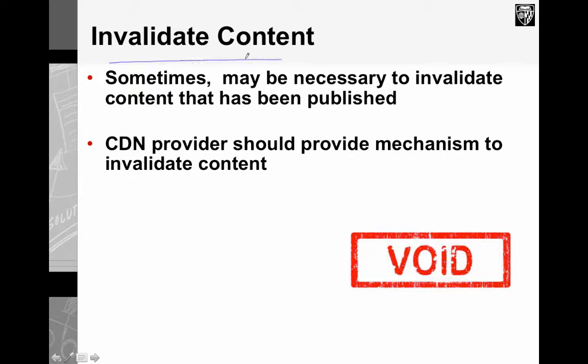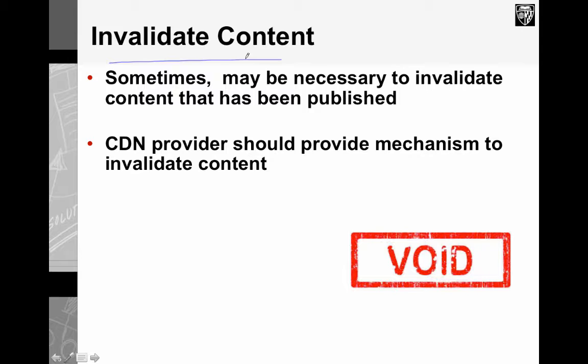Invalidate the content. Sometimes it may be necessary to invalidate the content. So you put content on your origin server, the client asks for the content, and the client goes to the edge server to get the content. Now the content has been distributed from your origin server to the edge server and to the client. There's not much you can do in terms of invalidating the content in the browser, but you can surely invalidate it at the CDN.